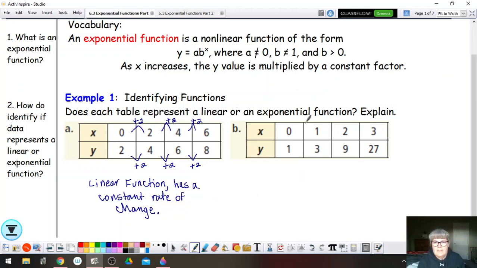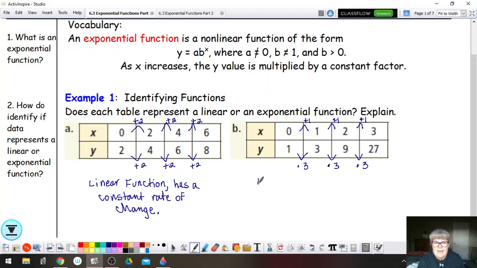If we look at the second table, we can see that the x values are all increasing by 1. But it doesn't take long to look at the y values to see that I'm not adding the same amount. What I can see is if I take 1 times 3, and 3 times 3, and 9 times 3, I get the next value.